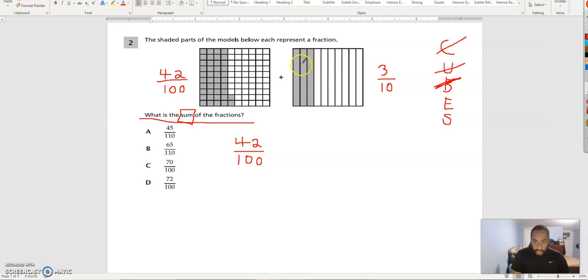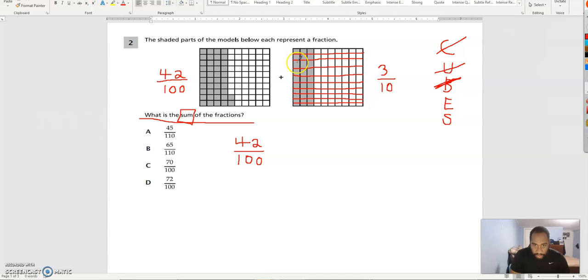3 tenths. So if we were to chop this into, let's see, 1, 2, 3, 4, 5, 6, 7, 8, 9, and 10.